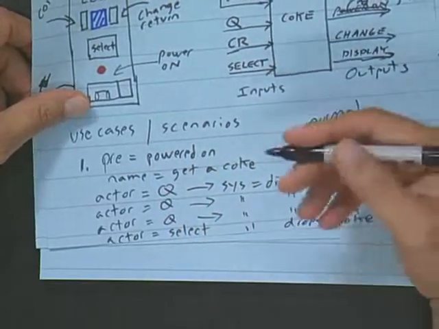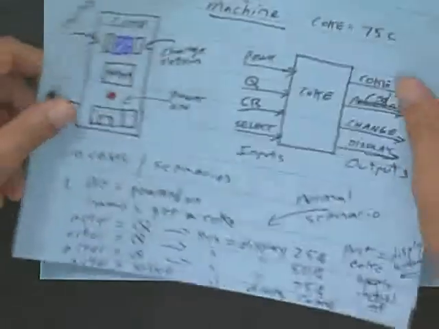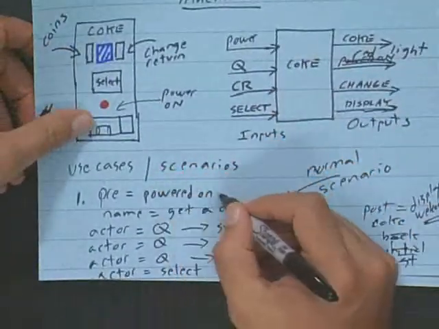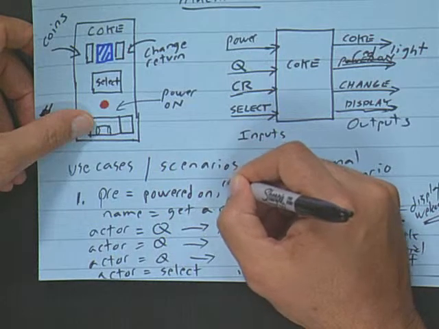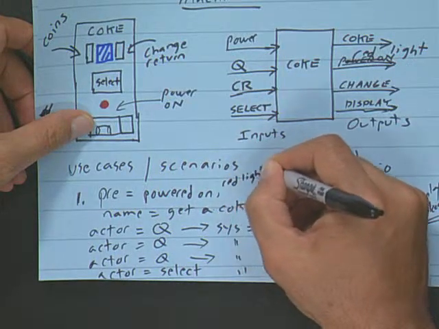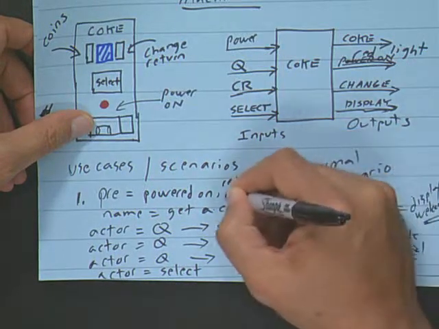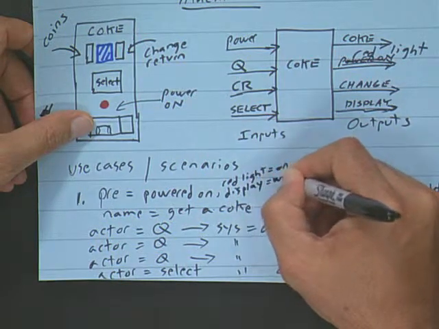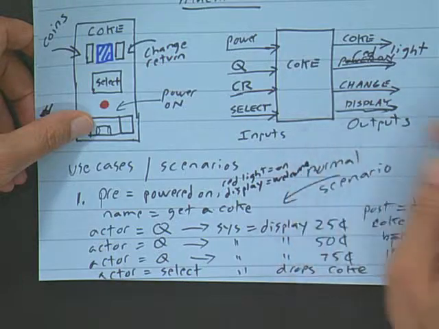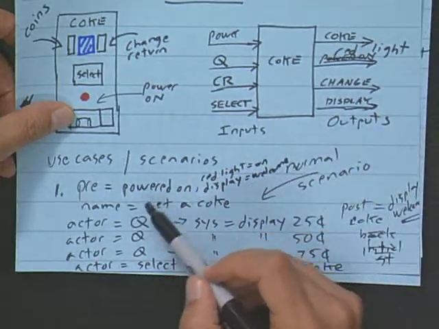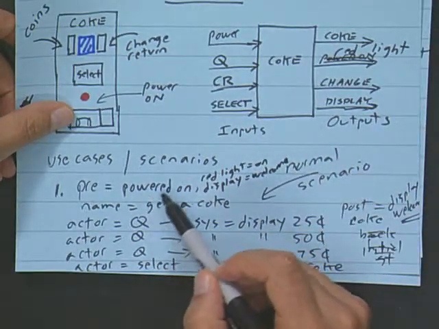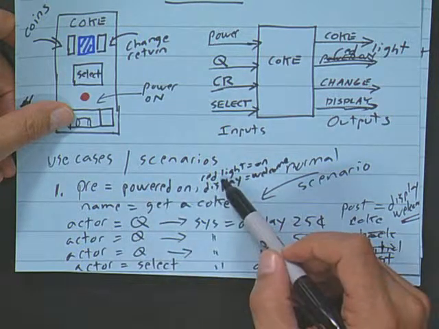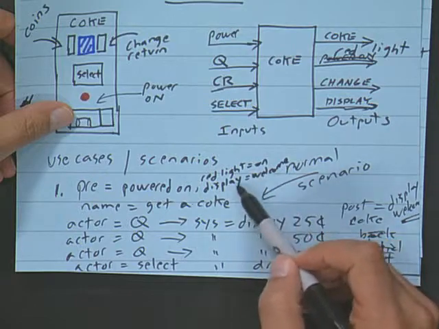To make this even more clear, more accurate, more complete, we could say that the red light is on. And we could also say that the display is set to welcome, right? So if we wanted to get more complete in our precondition, we could say the system is powered on, the red light is on, and the display says welcome.